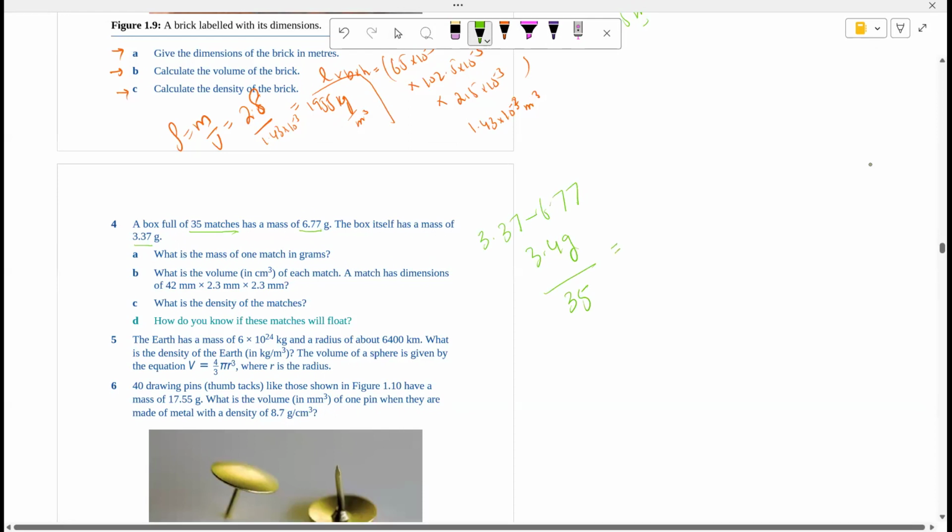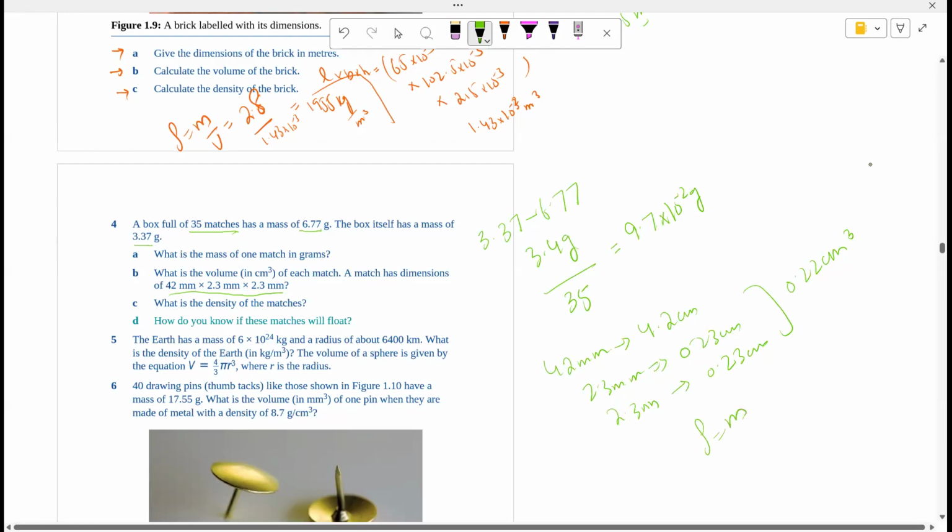So 3.5 divided by 35 would give an answer of 9.7 into 10⁻² grams. अब उससे बोला है वॉल्यूम फाइंड आउट करना है इन सेंटीमीटर क्यूब। 42 millimeter would be equal to 4.2 centimeter. 2.3 millimeter equals 0.23 centimeter, and similarly the next is also 0.23 centimeter. इन सबको मल्टीप्लाई कर देंगे and we would get an answer of 0.22 centimeter cube.